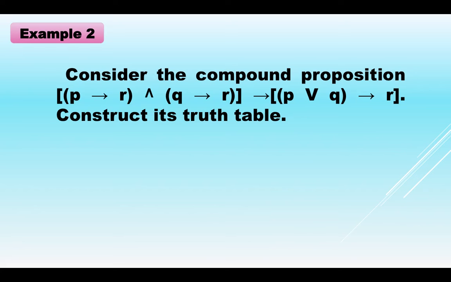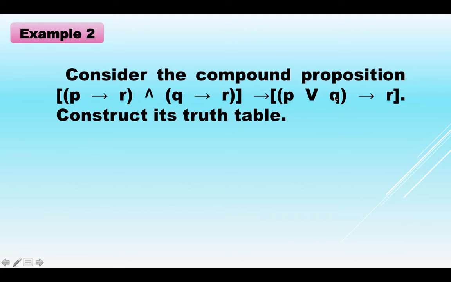To understand it better, let's have another example. Consider the compound proposition. These are too many. As you can see, we have P implies Q, conjuncts Q implies R, implies, what's this?